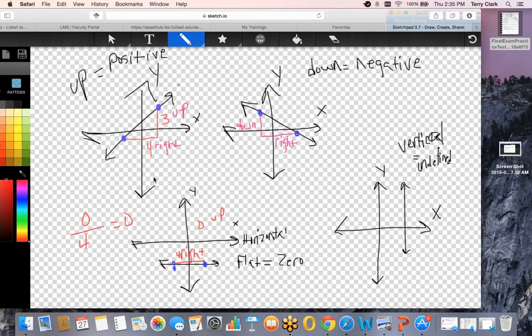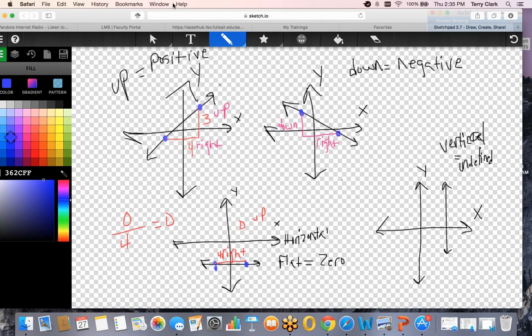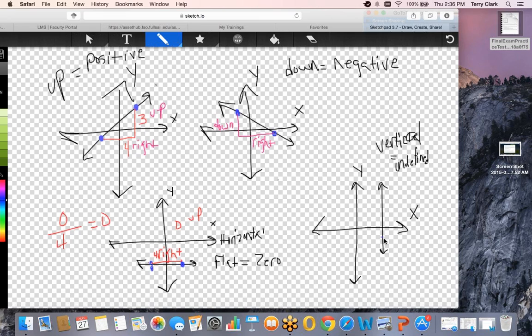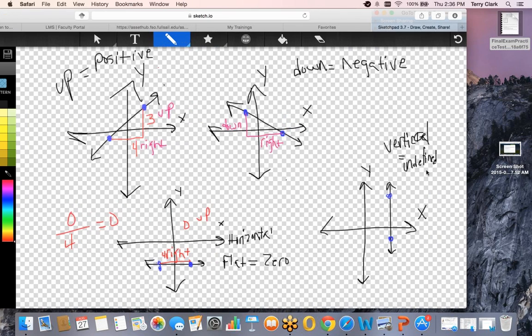And then if we look at this one, the vertical line, I'm going to move that one, and we're going to go here, and then here. We're just going to go up. So we went up 5, and we went 0 to the right.